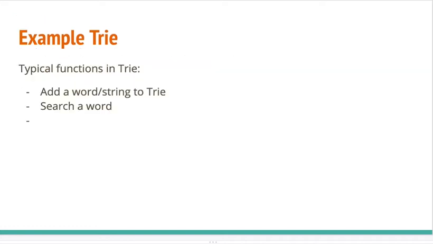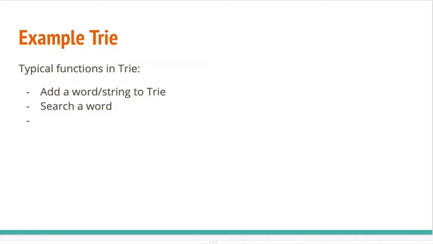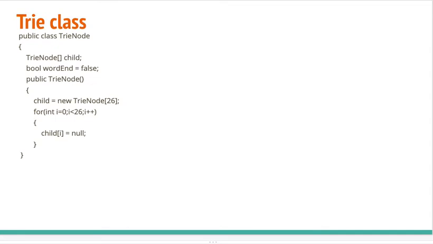So we are going to have two functions in the trie: add a word or string to the trie and search a word or a string in the trie, right? So these are the two functions that we are going to have. Let's go ahead and look at the trie class based on the scope and the trie structure, the picture that we saw in the previous slide here. So I'm going forward to see how the trie class is going to look like. Okay, so here is a trie class.